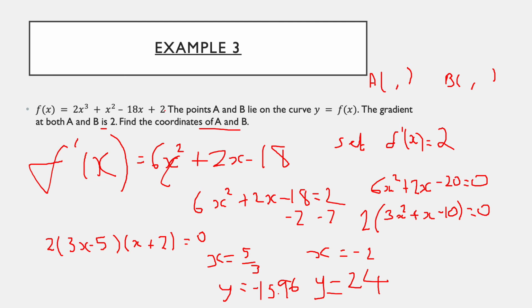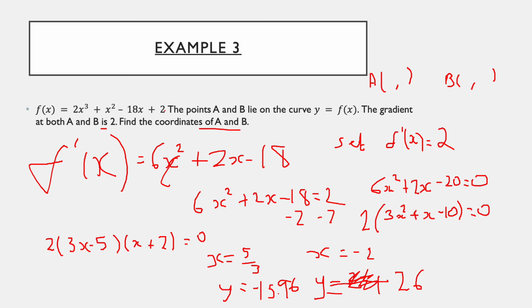Minus 12 plus 2 is minus 10. And minus 10 plus 36, sorry, should be 26. So the y coordinate should be 26 there. And the y coordinate for this one should be minus 15.96, or it might have given you the fraction answer. So comment below if I have made a mistake here on example 3, guys, and let me know.